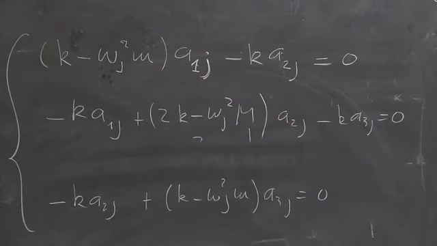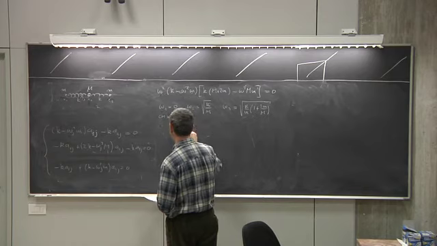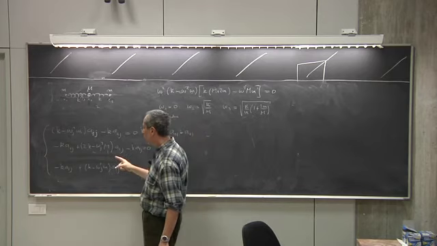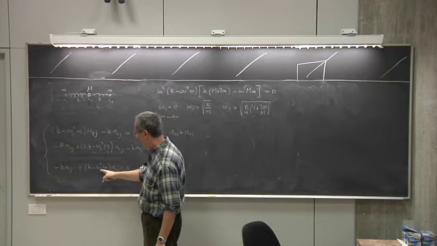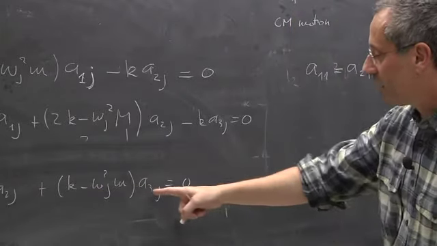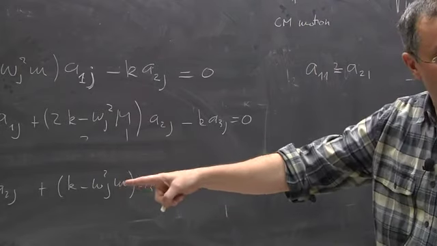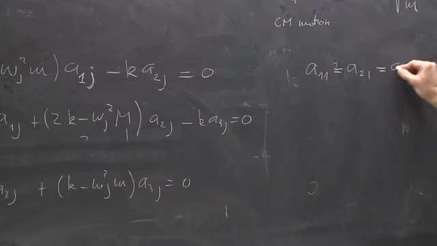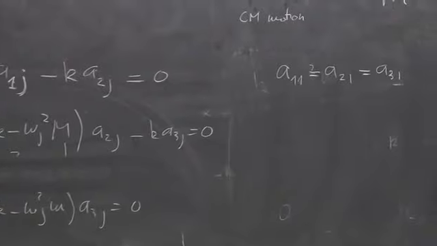Well, let's write it. A11, because now j is equal to 1, equals A21, and I can do the same here. And you see that by the same token, A31 must also be equal to A21. So they are all equal. So this is the eigenvector, like 1, 1, 1.